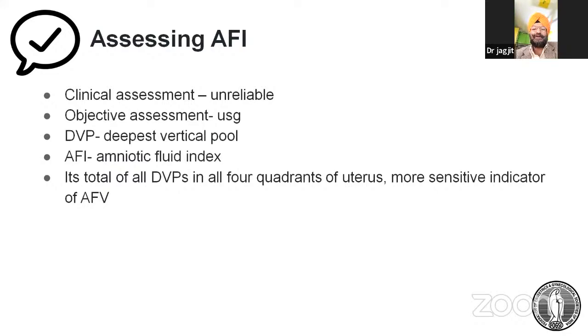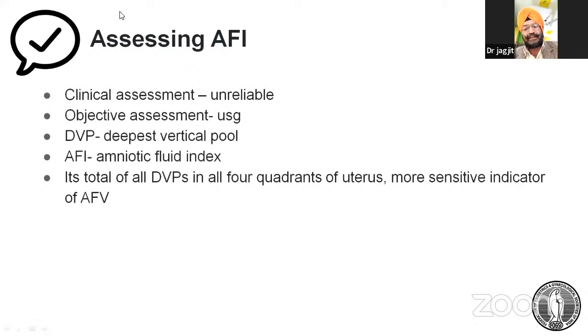And coming to the question, assessing AFI. Clinically, we are all taught in medical school that subjectively you can always assess amniotic fluid through palpation, through your fundal grips. But as far as objective assessment is concerned, ultrasound is the key.